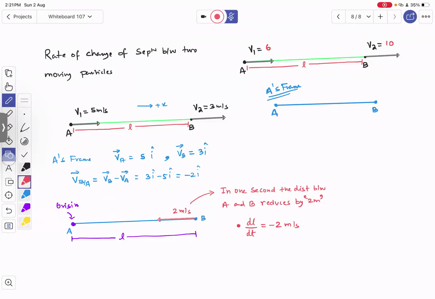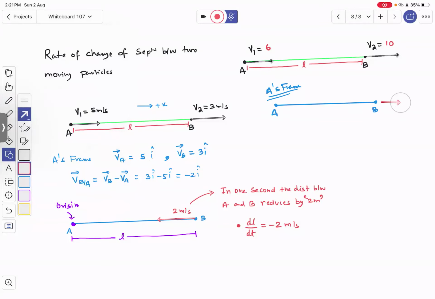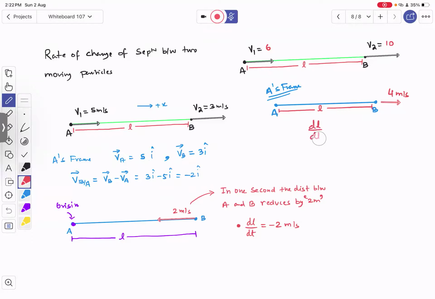So from the frame of A, I hope all of you agree that you will find B to be moving with 4, but in what direction? The rightward direction. So it means in 1 second, the distance between them is going to increase by 4 meters. So how much is the rate of change of L? It will be +4. All of you got this thing or not? Why +4, why -2? Clear to everyone? Any doubt?